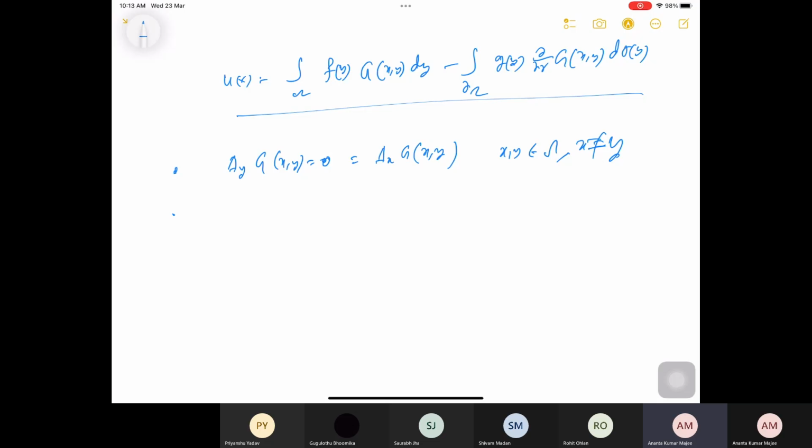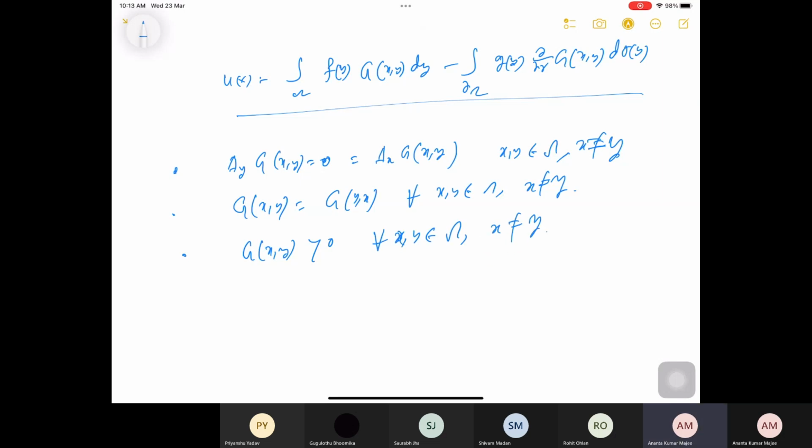It is also symmetric, meaning G(x,y) equals G(y,x) for all x, y in omega with x not equal to y. Another property is that it is positive: G(x,y) is positive for all x, y in omega with x not equal to y.